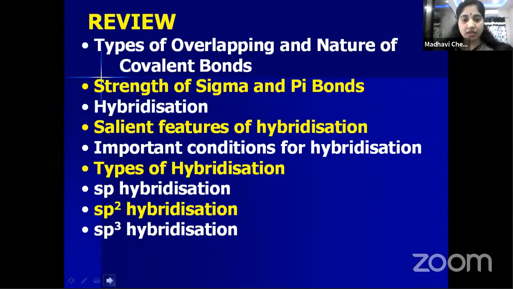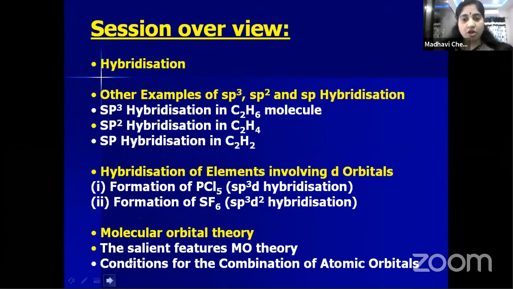So now let us see what topics we are going to cover today. Hybridization. Already we have seen sp, sp2 and sp3 hybridization. In this class, we will discuss some more examples in sp3, sp2 and sp hybridization. Very important, children, the same thing you are going to learn in organic chemistry also.